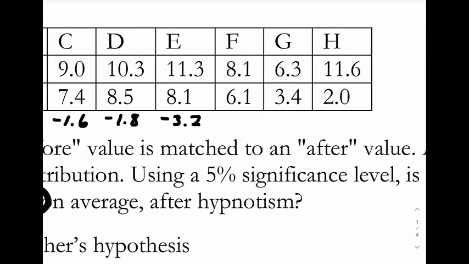For person F, 6.1 minus 8.1 is negative 2, or negative 2.0. For person G, 3.4 minus 6.3, negative 2.9. And then for the last person, person number 8, 2.0 minus 11.6 is negative 9.6.